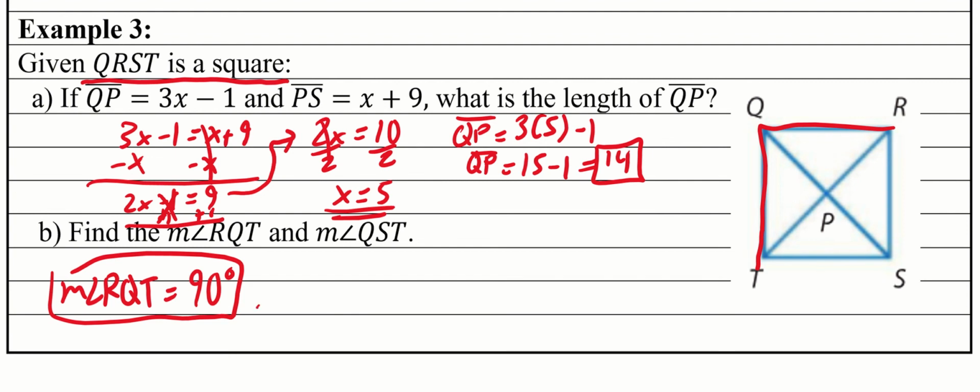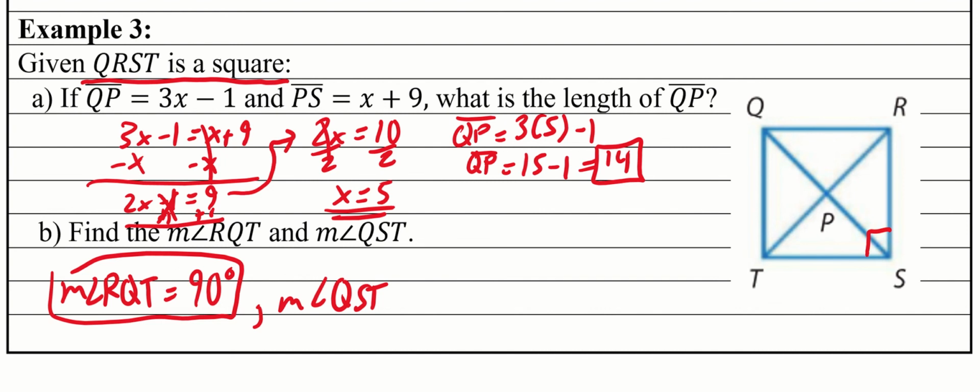Okay, all right, and then second one here also wants us to find the measure of angle QST. So if I go ahead and draw that out, QST here. So in this case it's close, except it really just wants only one of the little sections here. Well, I know the whole thing is going to be 90. At angle S, that's going to be 90 because this is a square. And then remember, like I said, any property or any theorem that we've talked about today is fair game.